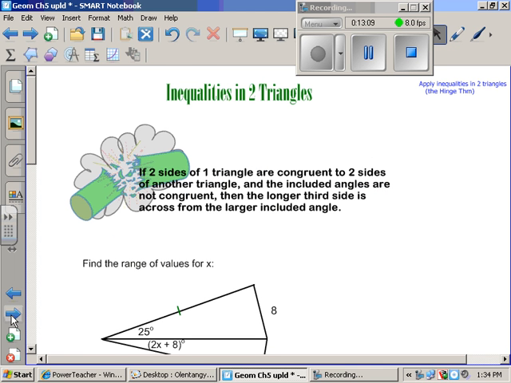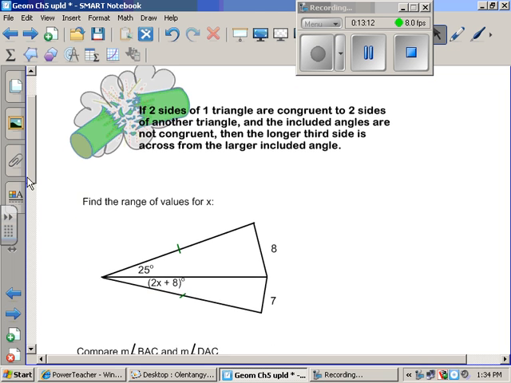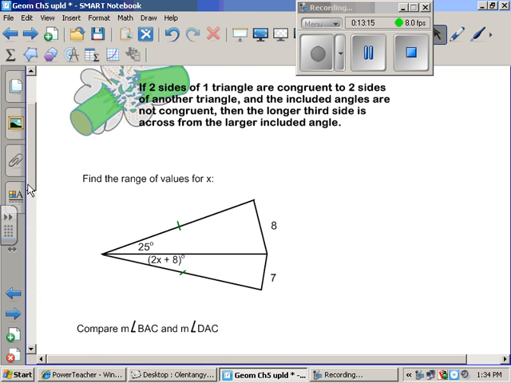All right, and finally, we've got the hinge theorem, which says if we've got two triangles, well, not necessarily isosceles, but with two sets of equal sides, this side here is equal to this side, and of course this side is equal to itself. So in these two triangles, we have two sets of equal sides. The larger side is across from the larger angle.